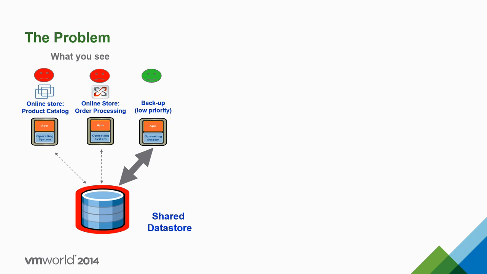Suddenly, a backup workload starts on the same datastore. All the other VMs on that datastore start the backup. The problem here is that the backup workload is quite heavy. What that means is that the actual workloads we would like to have performance, such as order processing or our web servers, no longer get the performance that they require from that datastore.